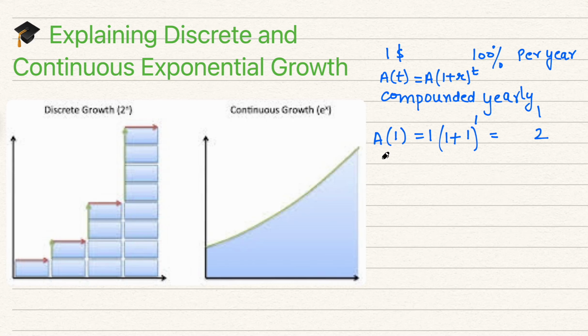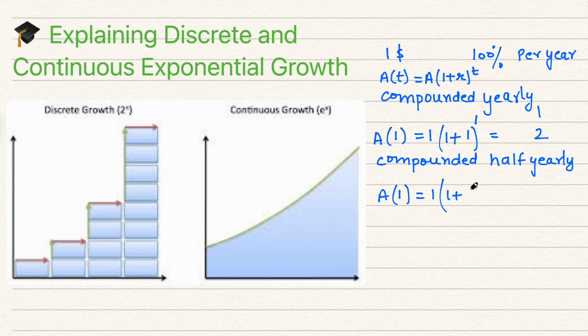But if the bank says that I'll give you interest 2 times in a year, that is known as compounded half yearly. That means after every 6 months. So what happens in this case? Definitely in 1 year, because you are getting interest twice, the rate of interest will be half.